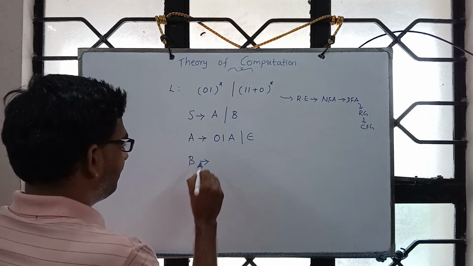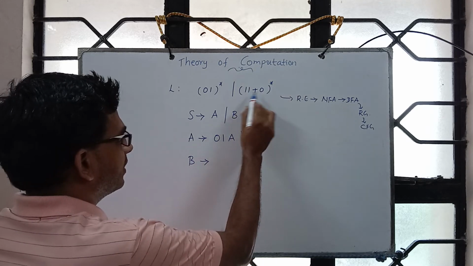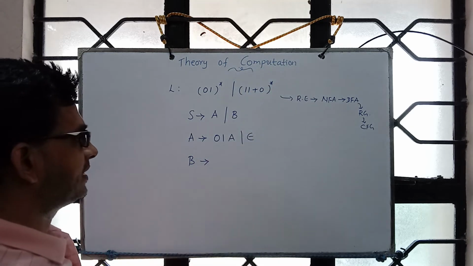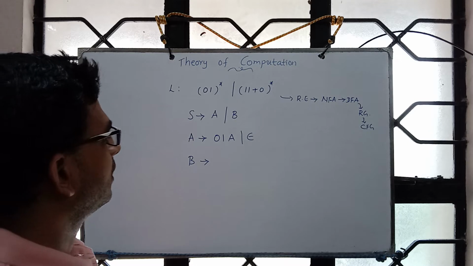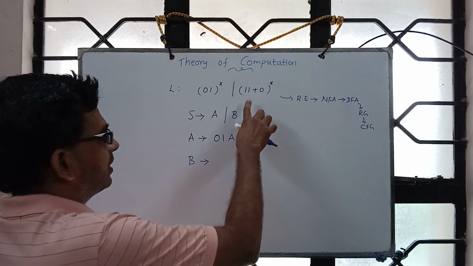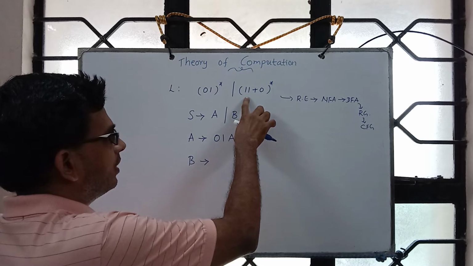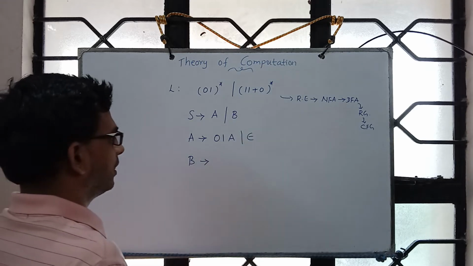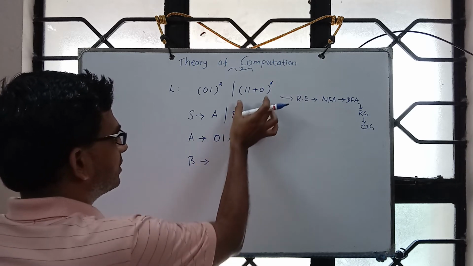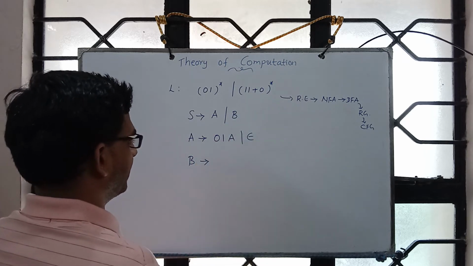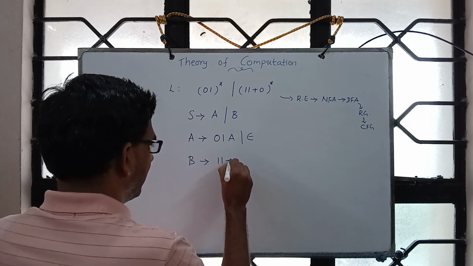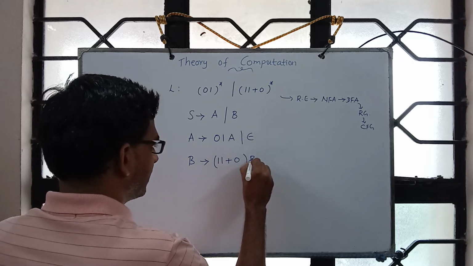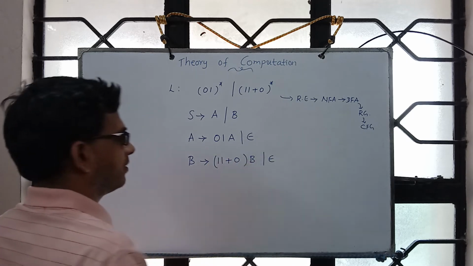Or look at B. B says there are two things, and one can do Kleene star on that. Correct? So what it says is you do Kleene star on this or this. Now using this, how do we generate this part? We have to say 1, 1 plus 0 times B, or this.